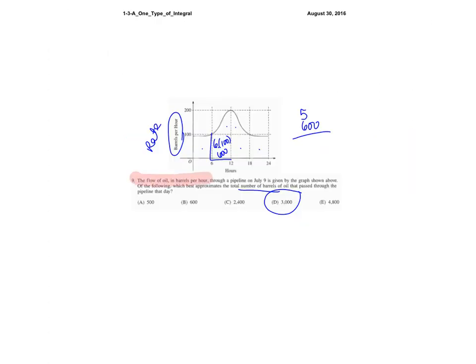The flow of oil in barrels per hour through a pipeline on July 9th is given by the graph shown above. Which of the following best approximates the total number of barrels of oil that passes through the pipeline that day? Barrels per hour and number of hours, that's a rate, and a rate times the time will give you the actual number. So we have to find the area.